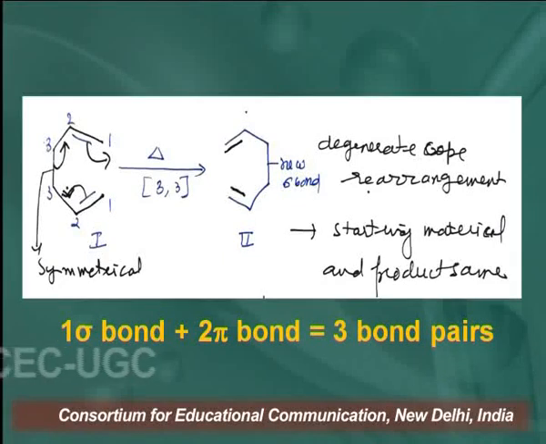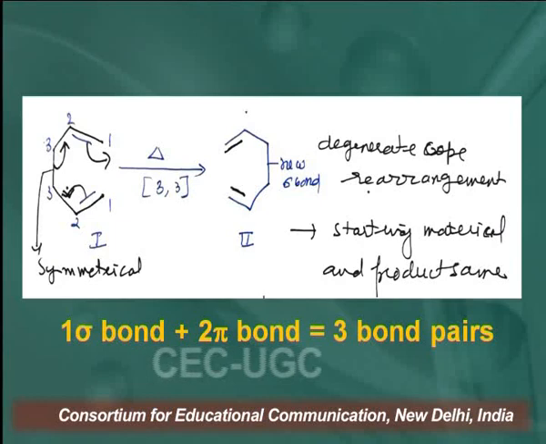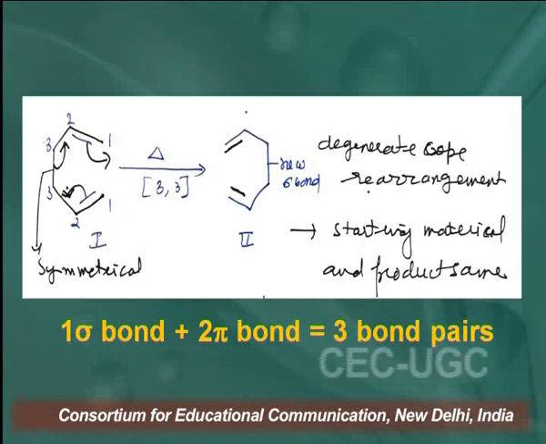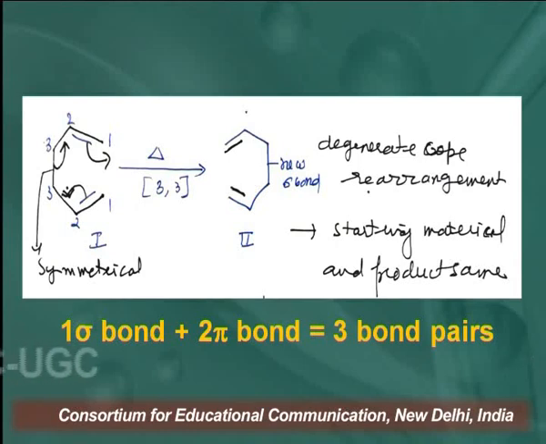When this 1,5-diene is thermally induced, a new bond forms at the 3,3 position, and the sigma bond between the allylic carbon atoms breaks.